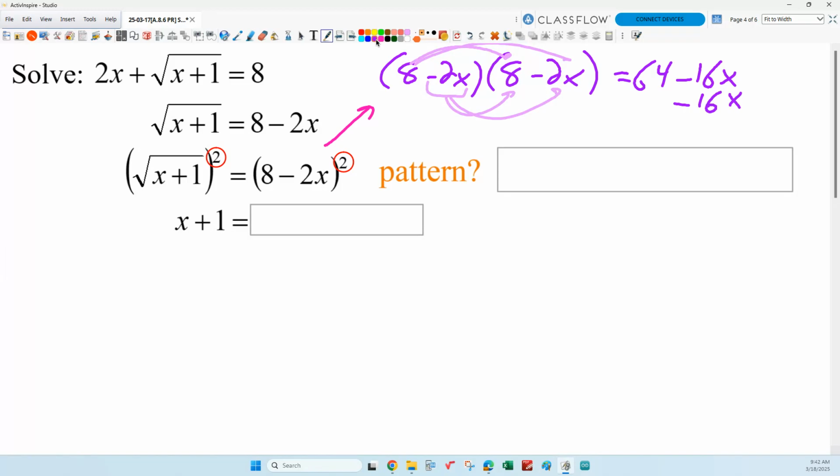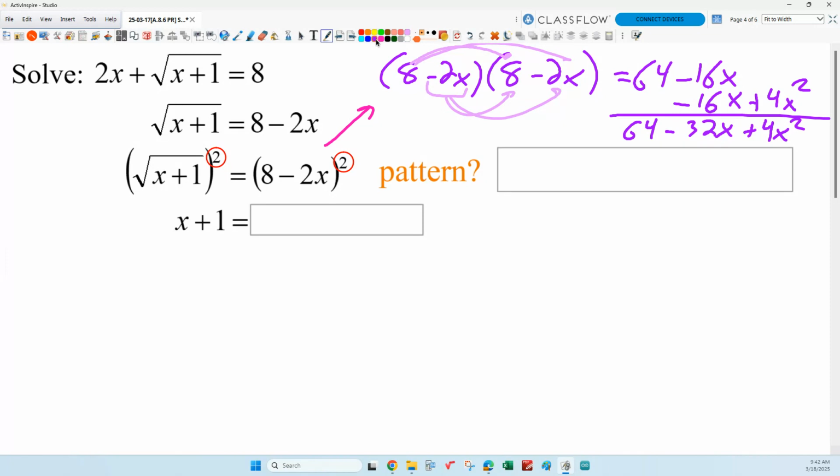And now be careful with this one. Negative 2x times negative 2x is positive 4x squared. Good. And if I add all those things up, isn't that just 64 minus 32x plus 4x squared? That's fine. I can do it that way.